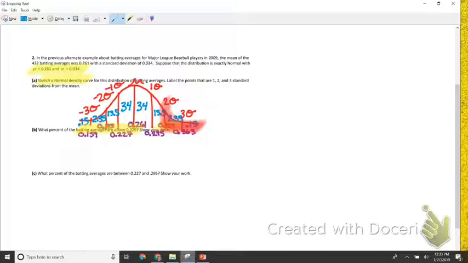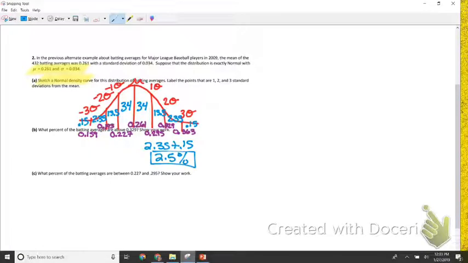Now that was 2.35% of the data that was between 2 and 3 standard deviations, and another 0.15% of the data that's above 3 standard deviations. So when we add those together, we find that 2.5% of the batting averages in the major leagues that year were above 0.329.